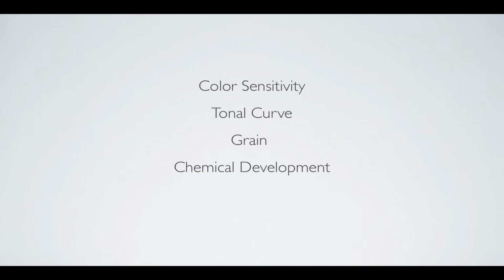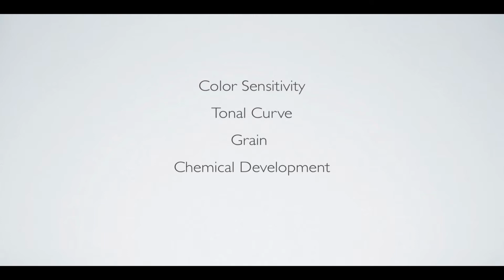Because when we're out there in the field shooting film, we have to pay attention to the color sensitivity, the tonal curve of that particular film, the grain aspect of it, and then the chemical development of that film. In fact, these different aspects are really what gives black and white film the soul that it has, as opposed to a straight digital capture being converted from color to black and white.